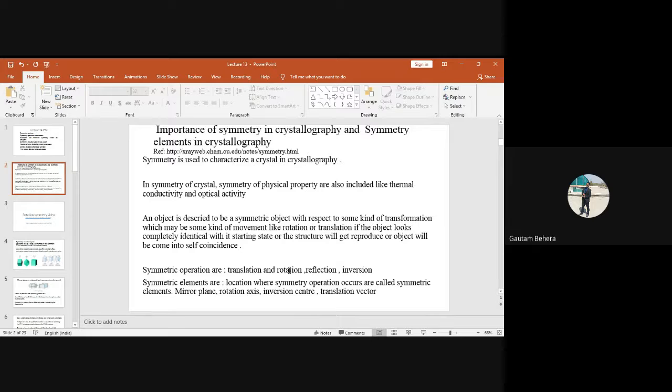That is an axis, fine. Then reflection. If you want to do reflection, you need a mirror plane, right? Similarly, if you want to do inversion, then you need an inversion center, right? Inversion center is actually a point. Suppose you take a diagonal, you draw a diagonal line, you put a center in the middle, then the top one and the bottom one are at equal distance, basically.